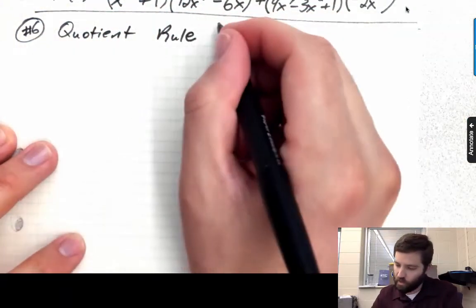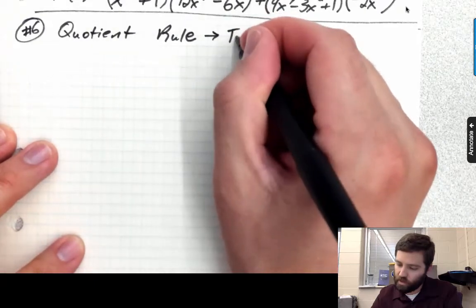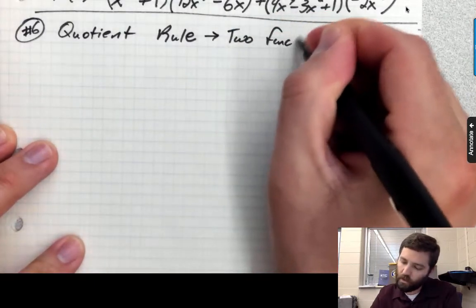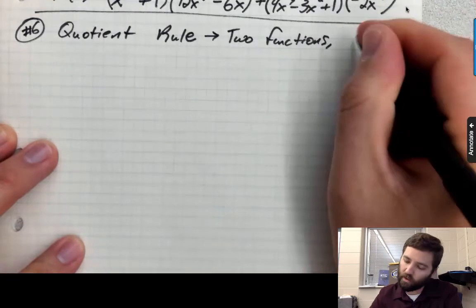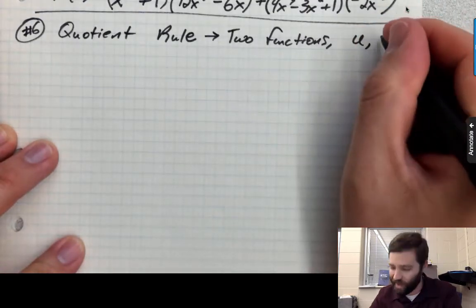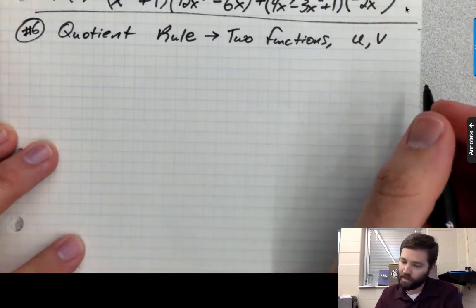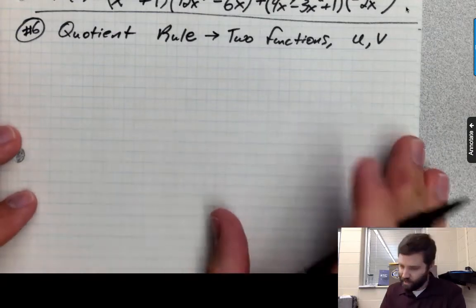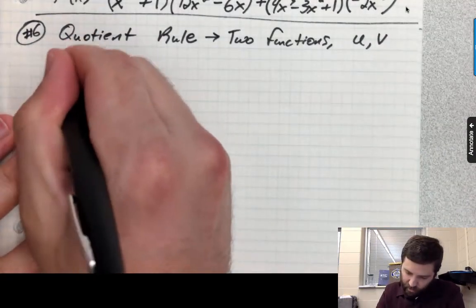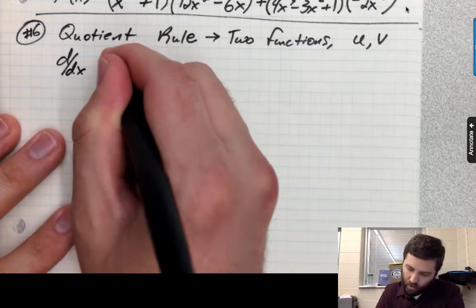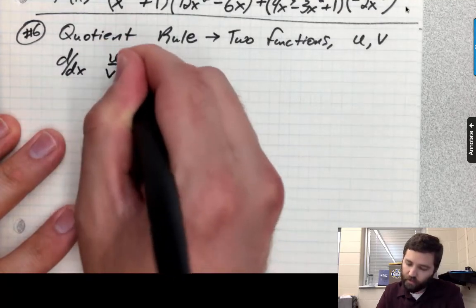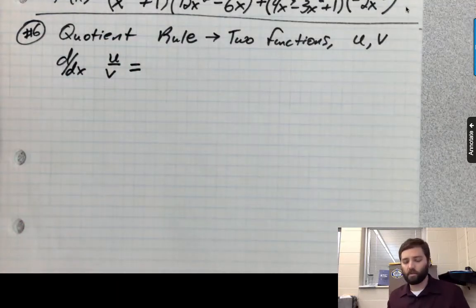Okay, so again, with the quotient rule, let's assume that we have two functions, both in terms of x. The functions are u and v. All right, and this is what we want to do. We want to take the derivative with respect to x of u over v. Okay, here's the rule for that.